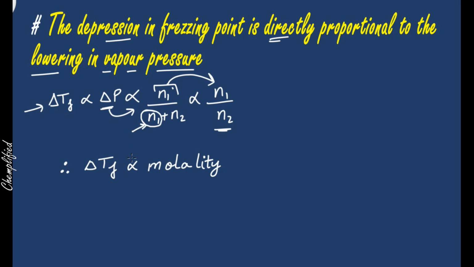Now in a similar manner, we know that elevation in boiling point, delta Tb, is directly proportional to molality. Similarly in this case, depression in freezing point is also directly proportional to molality. Now here comes the formula which we use.